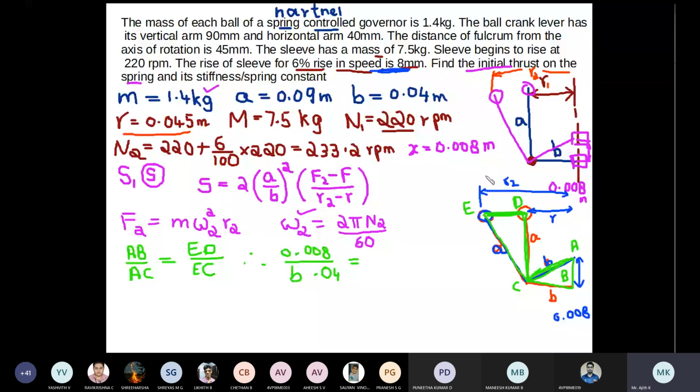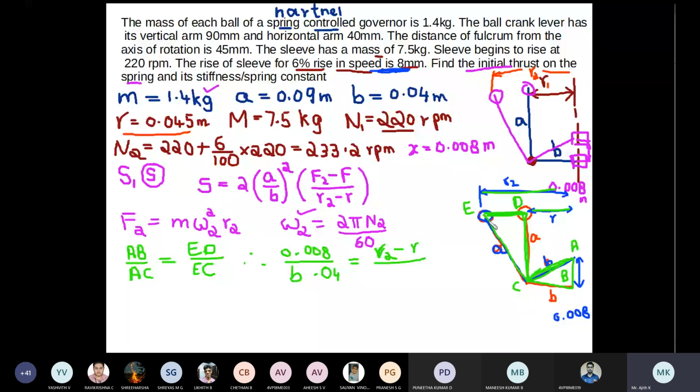ED is equal to R2 minus R. You will get ED value. R2 minus R. This is not V2, this is R2. R2 minus R divided by small letter A.